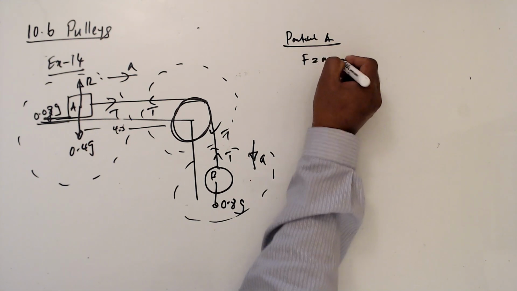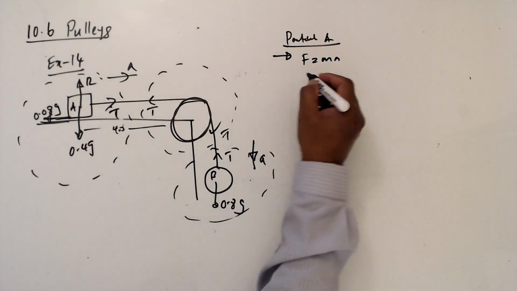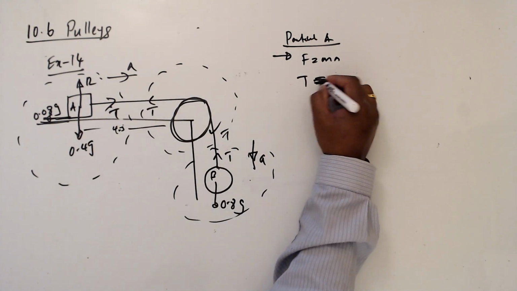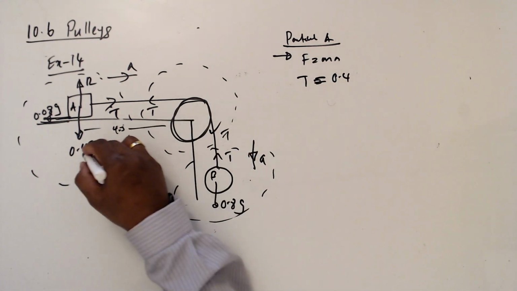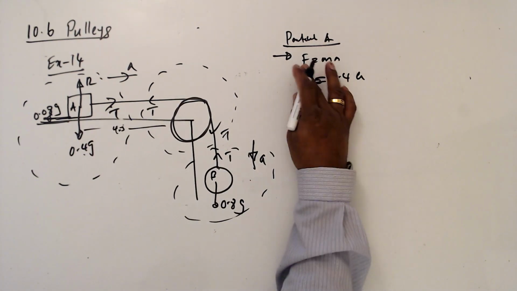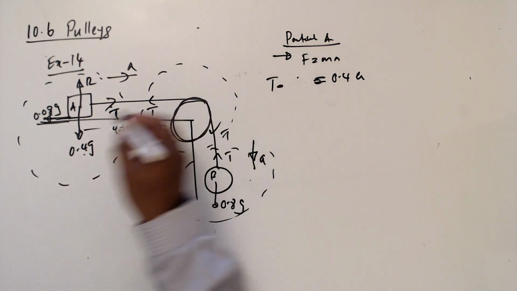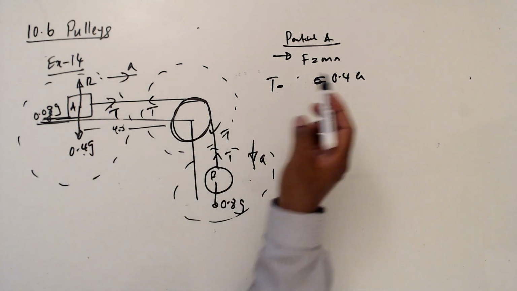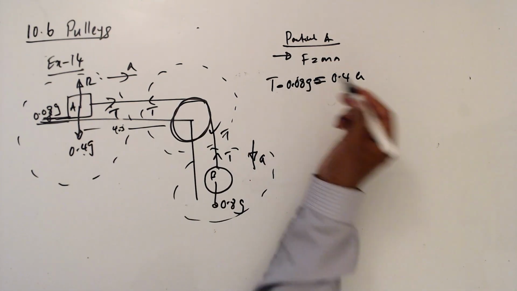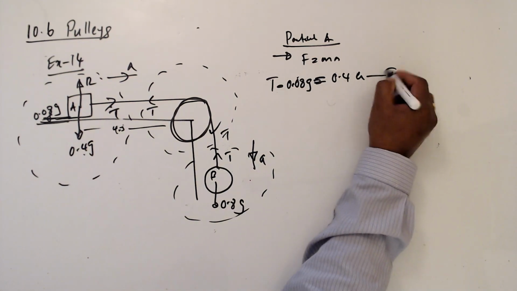If we put F equals ma in this direction, we can see that only the T is there. T minus friction force equals weight 0.4 times a. Actually, T is here. T minus friction force 0.08 g, and this is equation 1.